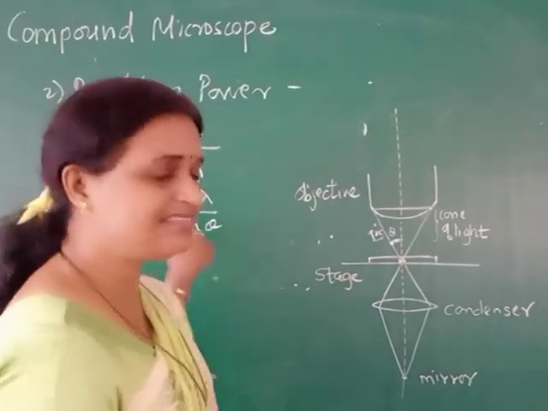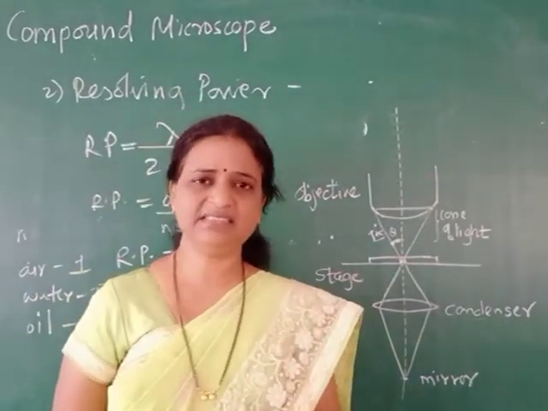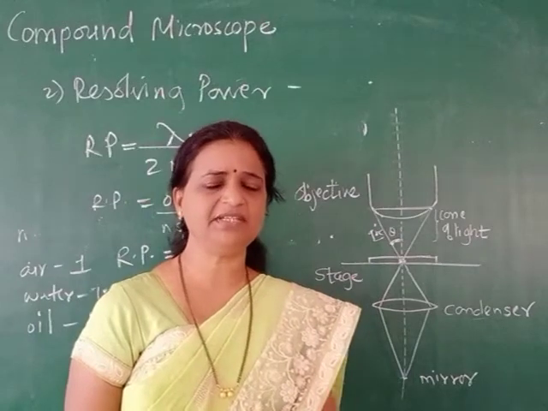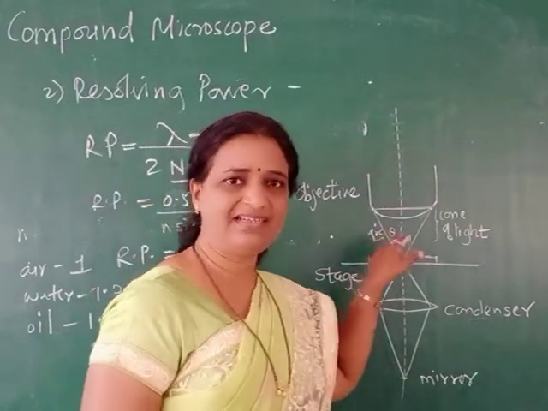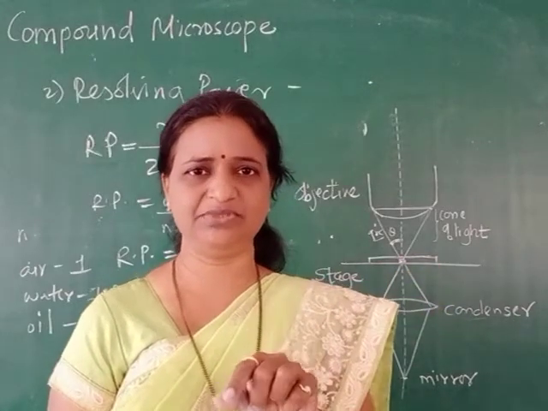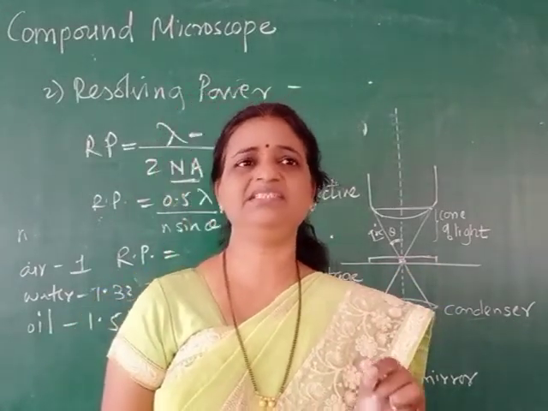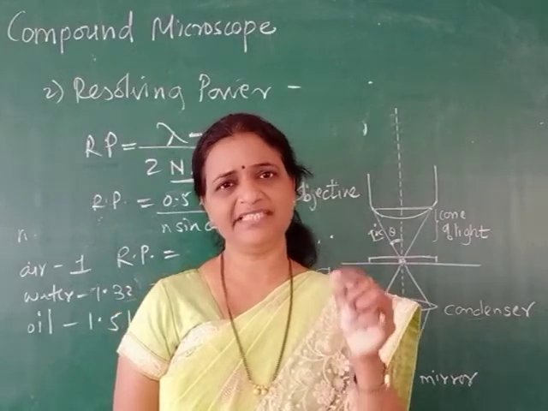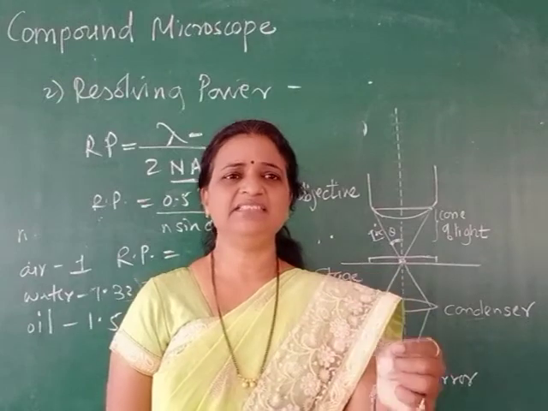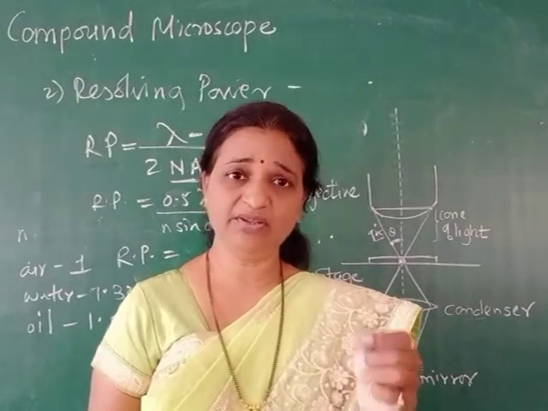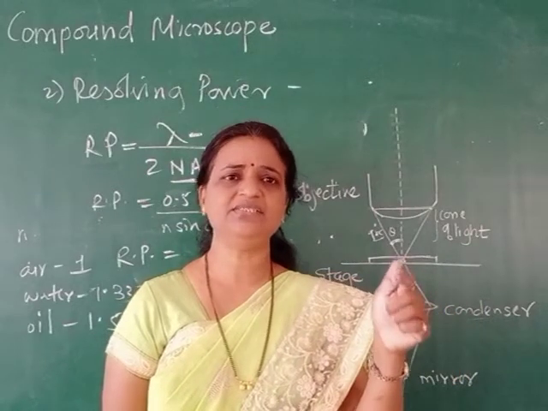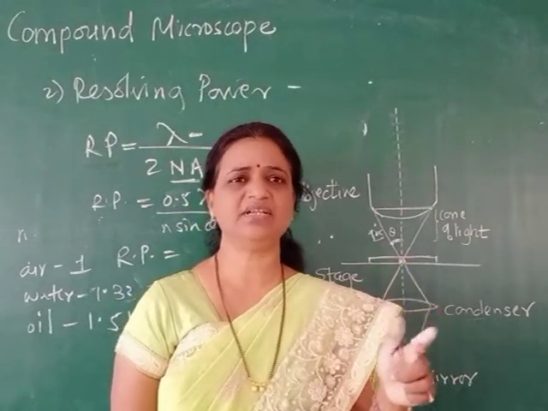The less the value of resolving power, the more the resolution. That's why the 100x objective is called an oil immersion objective, always immersed in oil, and we get a lower value of resolving power, which is nothing but high resolution.